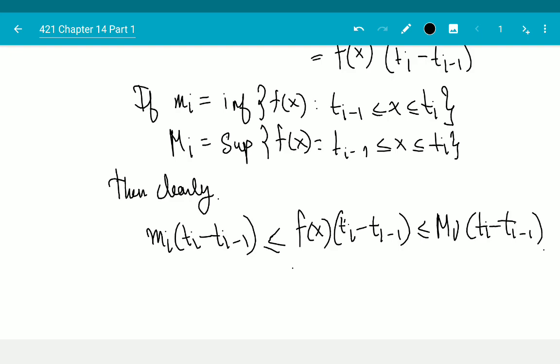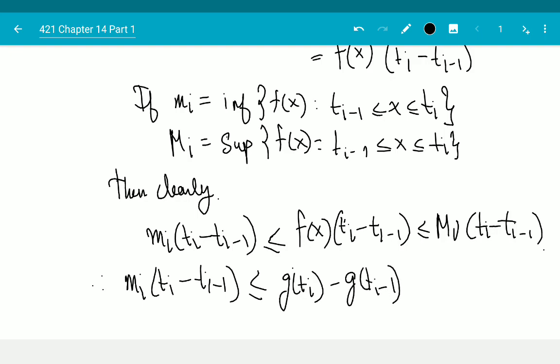And so we want to show that if that happens, life is good, right? Therefore, mi times (ti minus ti minus 1) is smaller than or equal to g of ti minus g of ti minus 1, smaller than or equal to capital Mi times (ti minus ti minus 1).